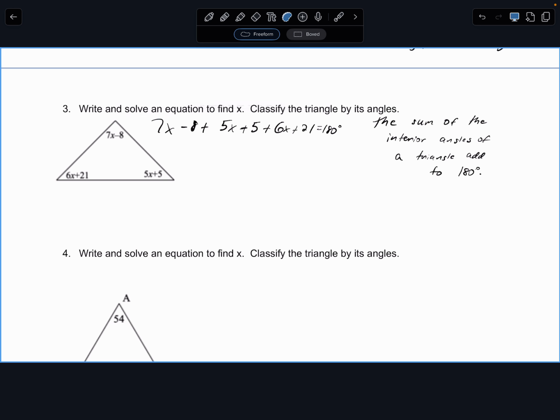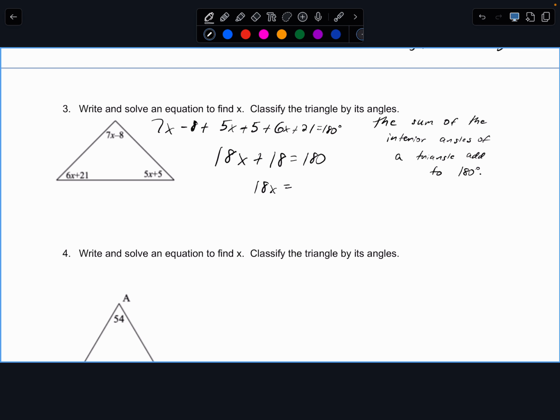I think this one looks very similar to the front side of your CLT that you just did. Okay? So I would combine the like terms. What's 7x, 5x, and 6x all together? 18x. What's a negative 8 plus 5? And what's a negative 3 plus 21? 18. So 18x plus 18. Okay?